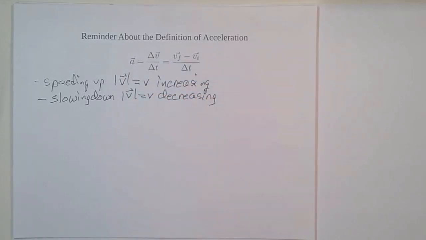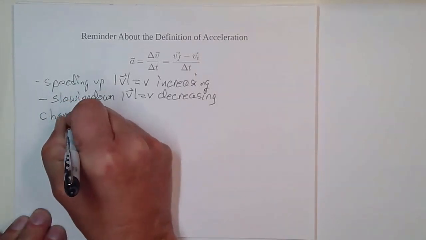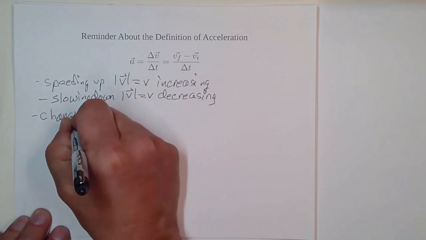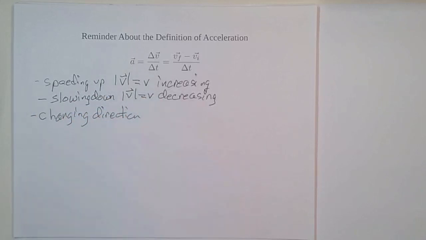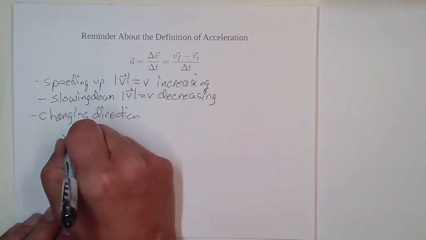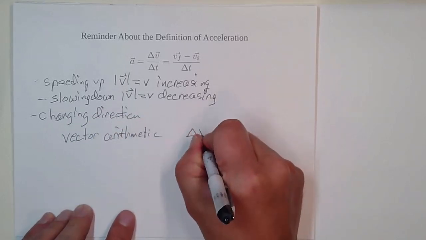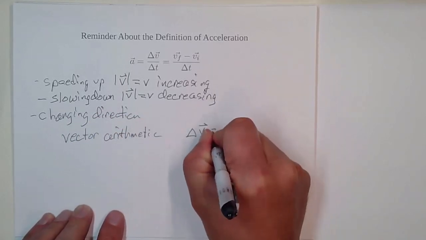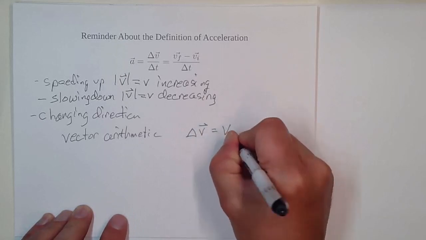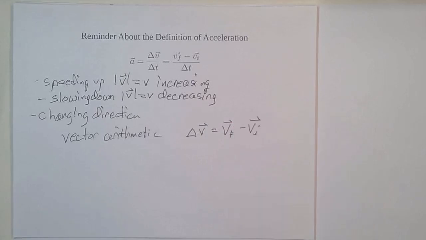Now we're going to consider the possibility of changing direction for another way that acceleration can occur and see how that can happen. Now I want to consider a little bit of vector arithmetic. I'm going to let the change in velocity equal the final velocity minus the initial velocity. That kind of makes sense.